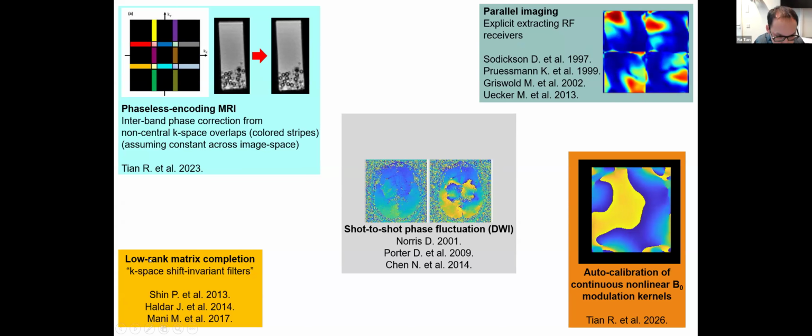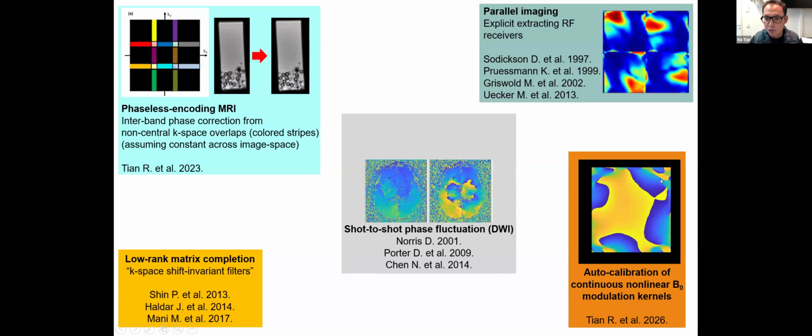And in the long line of low-rank matrix completion, in the applied mathematics direction, people have heavily utilized these k-space-based shift-invariant filters. Also, in some recent work where we apply nonlinear gradient modulation for image acceleration of MRI, we realized that at the end we can also auto-calibrate continuous nonlinear Bezier modulation kernels from the data in a data-driven manner.